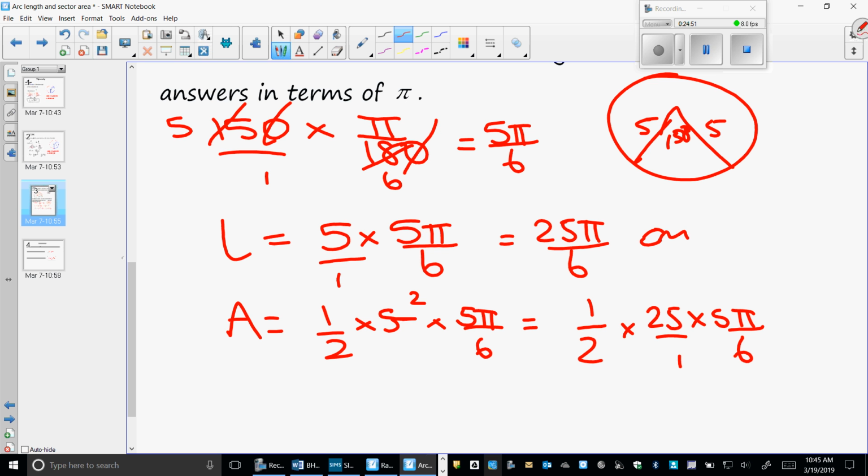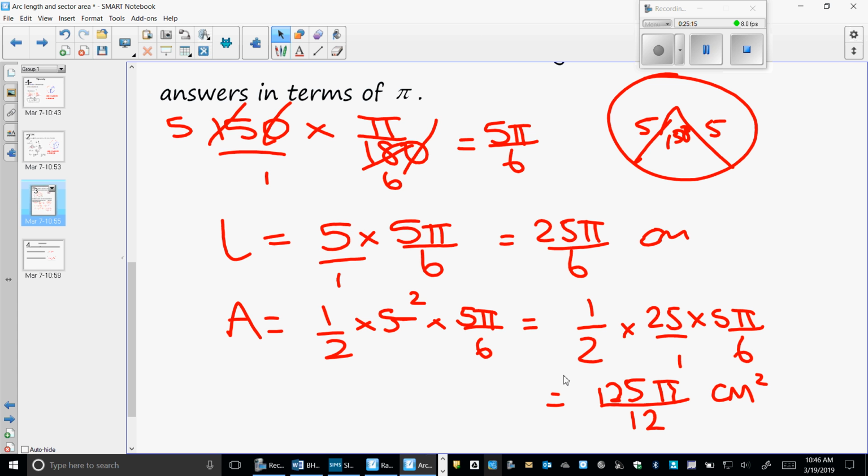This is equally over 1. So I myself would do 25 multiplied by 5. You may have to do that without a calculator. Hopefully you would know that was 125. And then 2 times 1 times 6 is 12. So 125 pi over 12, and that would be centimetres squared because it is an area.